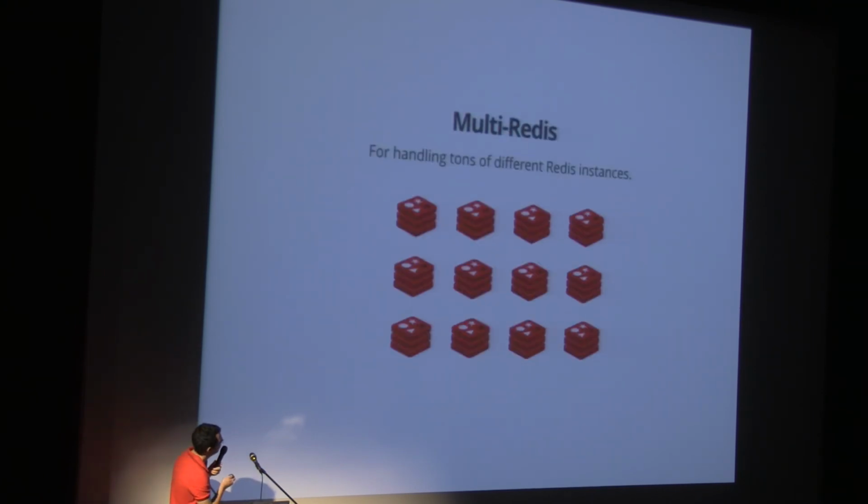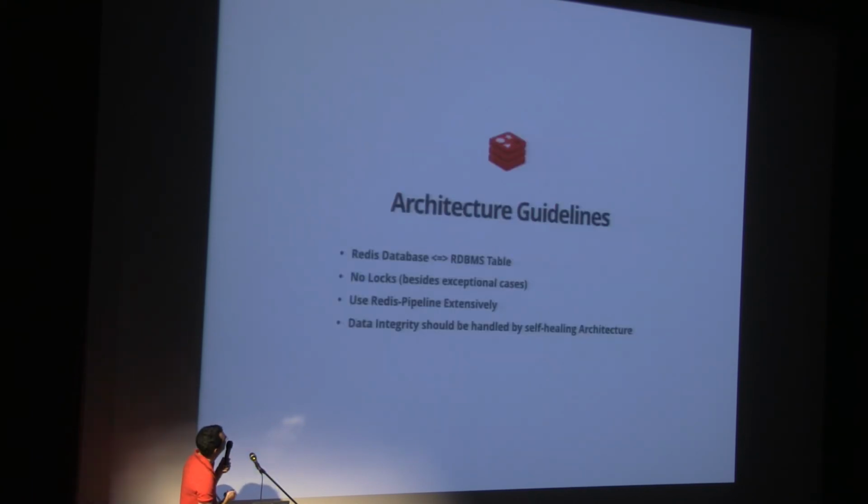Now, we also have ways for handling all the Redises, because we have tons of Redises and we keep adding Redises. I don't have enough time to show you, but if someone wants to see it later, I can show them a sample of how we manage the configuration of multi-Redises.